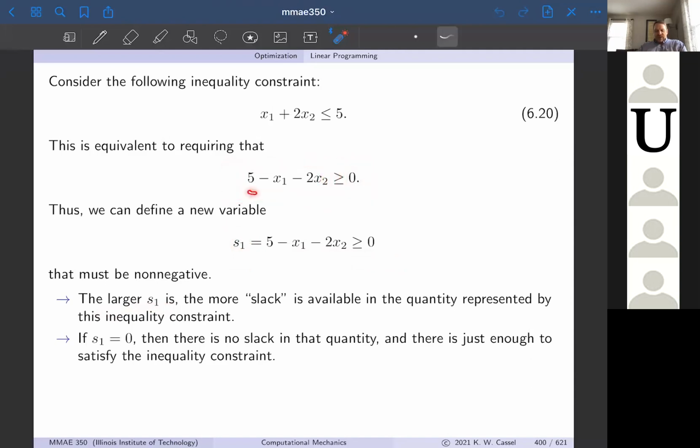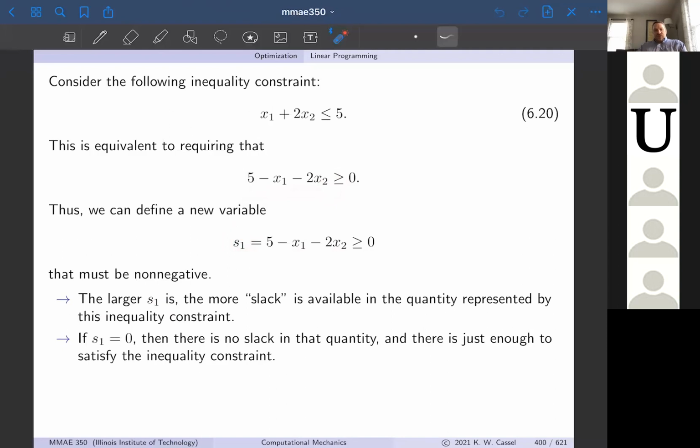So when I take 5 minus x1 minus 2x2, I get something that's at least as big as 0. If it's 3, then the slack that I need to account for is 3. And that's what my s1 will be doing.